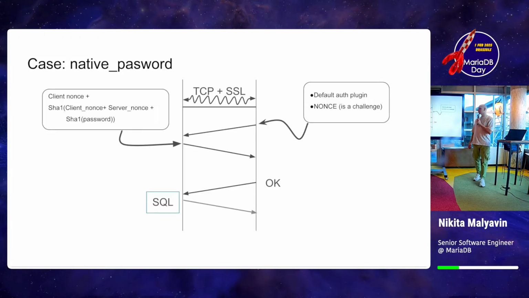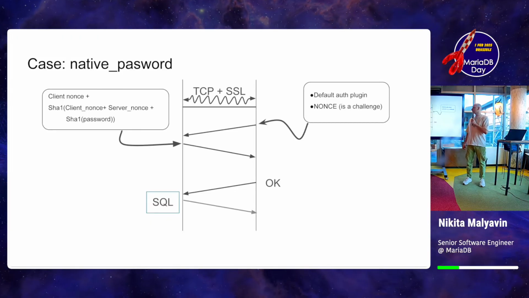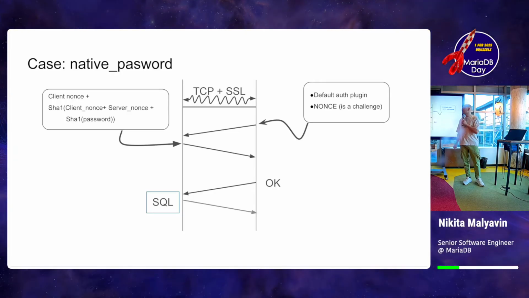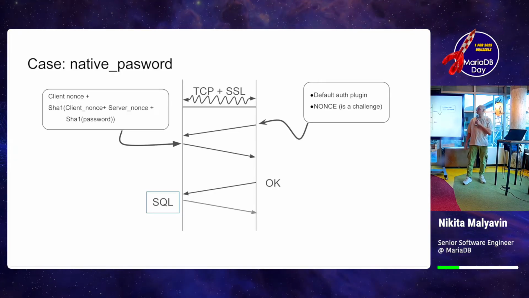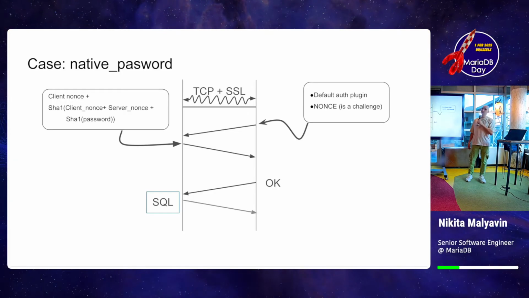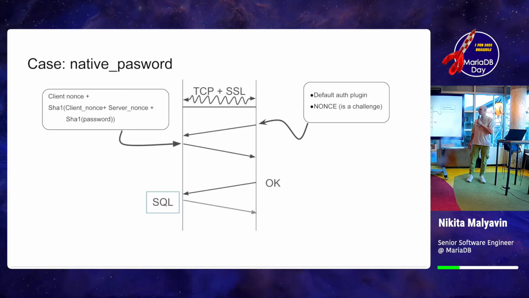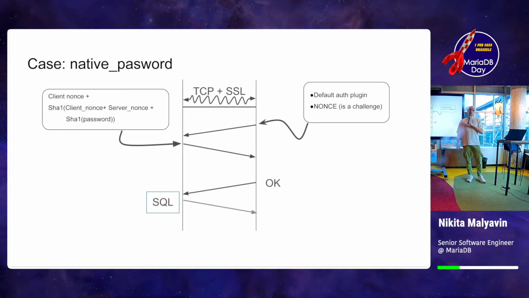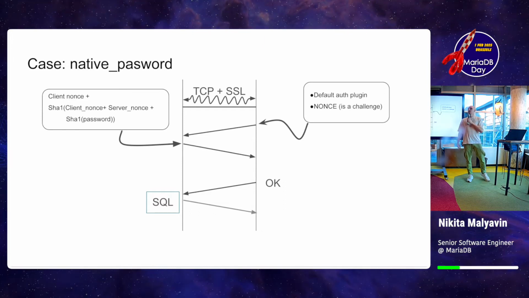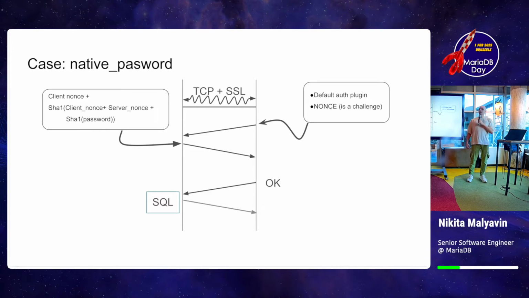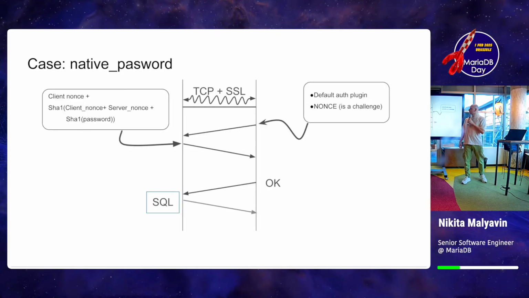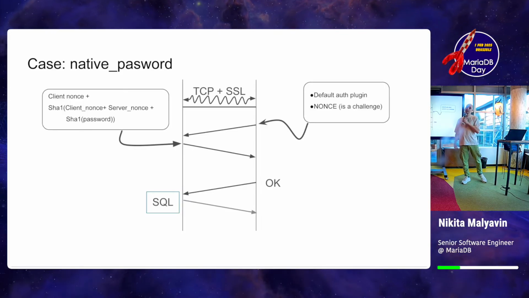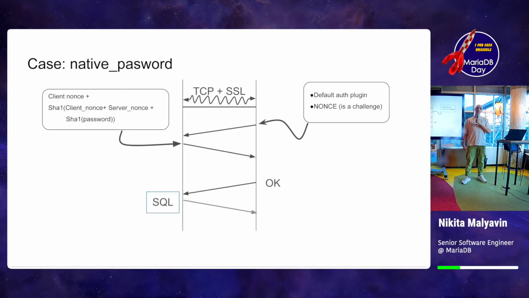They are quite old plugins, and native password uses SHA-1 to store on the server side the SHA-1 of the password. Yes, at least it's not really the password, but a common SHA-1. And old password even uses some home-brewed hash function, which is not even SHA-1.